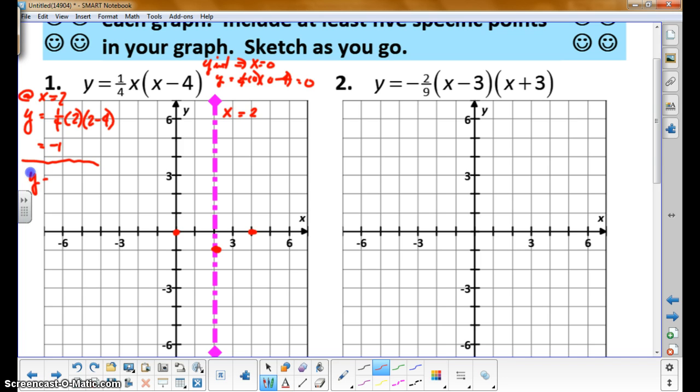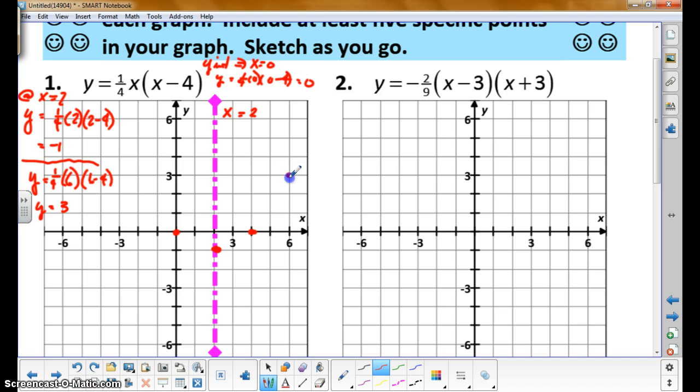So y is equal to 1/4 times 6 times 6 minus 4. That's a 6, that's a 2, so 12 over 4 is 3. So we have a 3 over here.